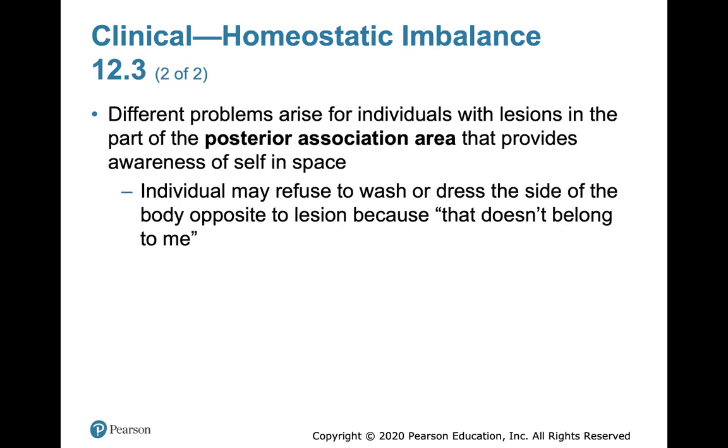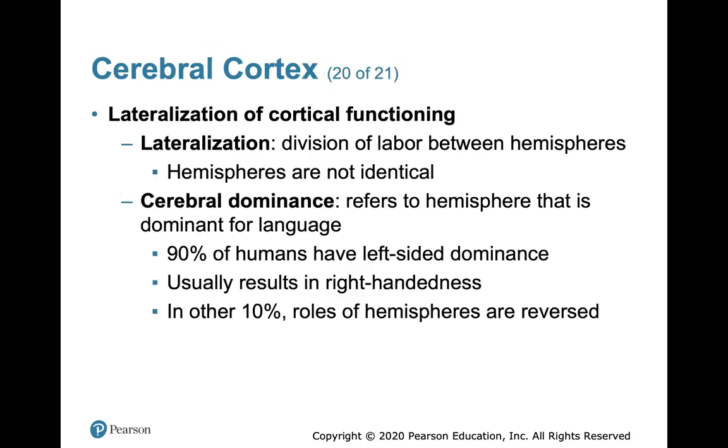Different problems could arise for individuals with lesions in part of the posterior association area. An individual may refuse to wash or dress the side of the body opposite to the lesion because that doesn't belong to me. So they don't have this awareness of their self in space. The brain is just incredibly interesting to study, if you're still with me so far.